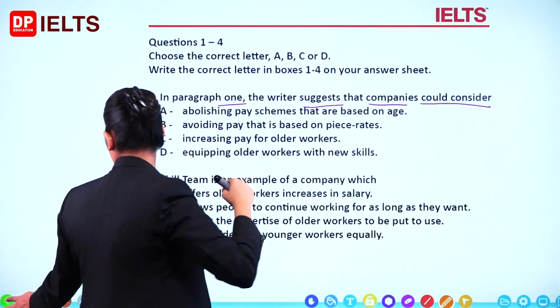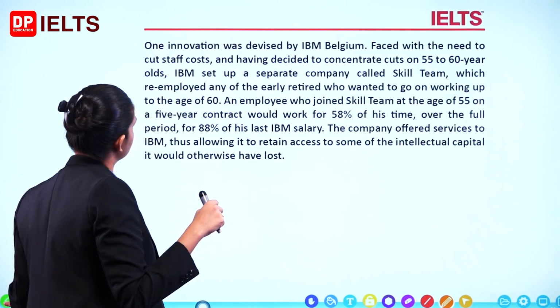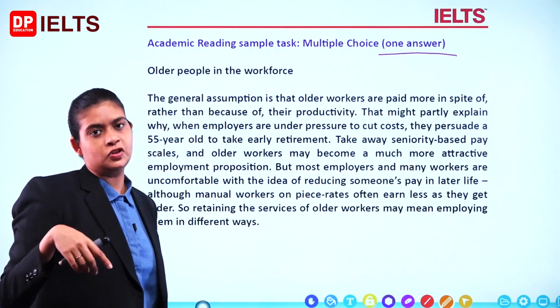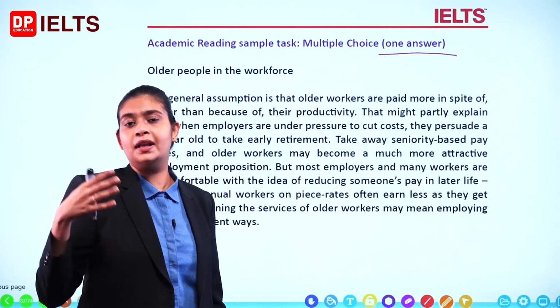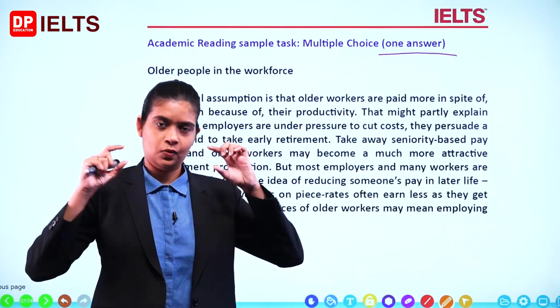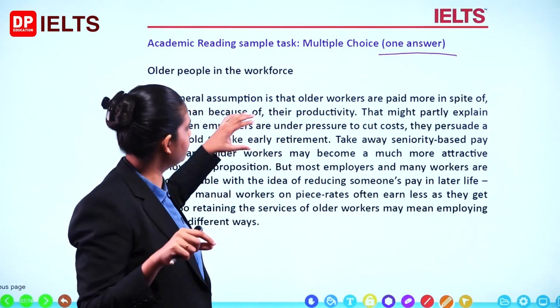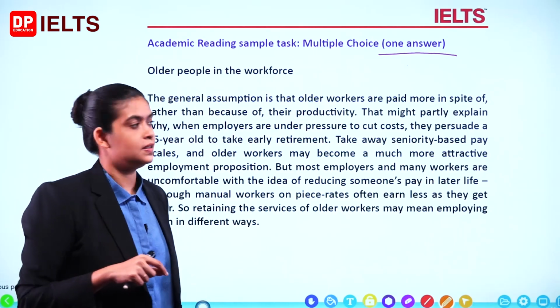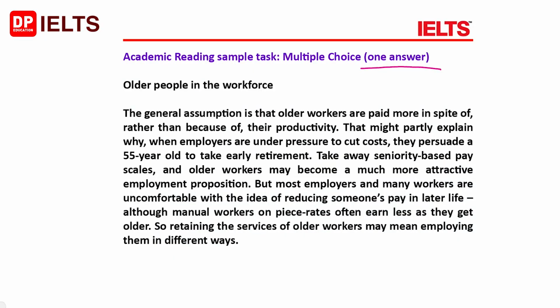Now, what I do is I go and find the answer and then come and evaluate the options. Okay. Some people like to read the options and go. I prefer to understand what the question is, go and find the answer and then come and evaluate each of the options, right? So let's read para 1 because it asks us about the entire of paragraph 1, right?